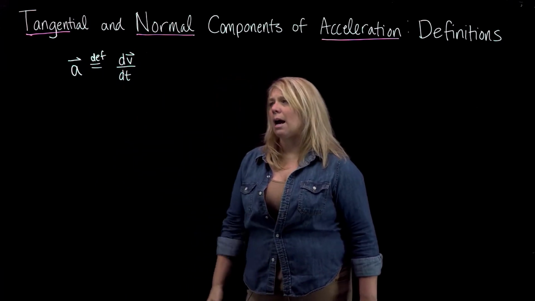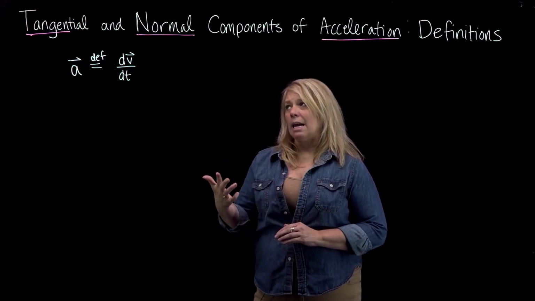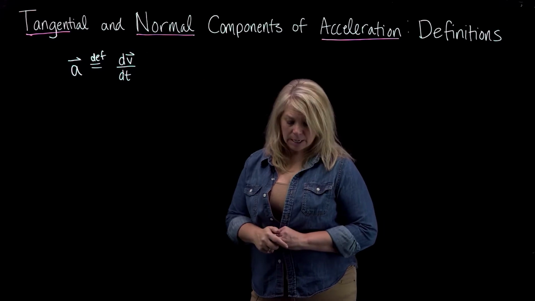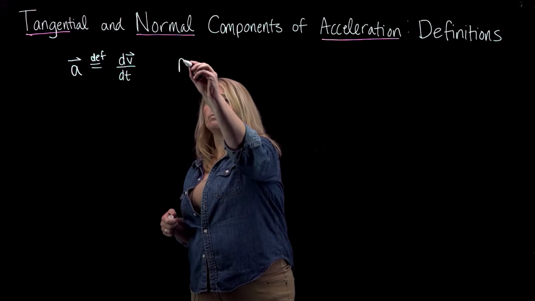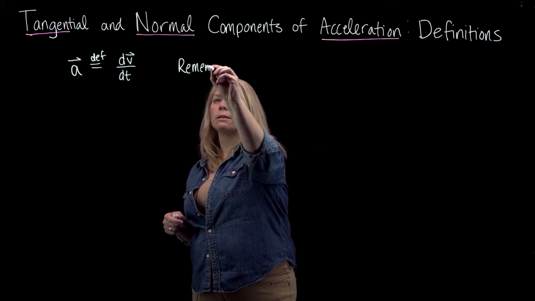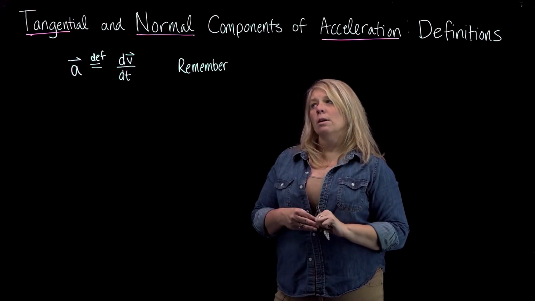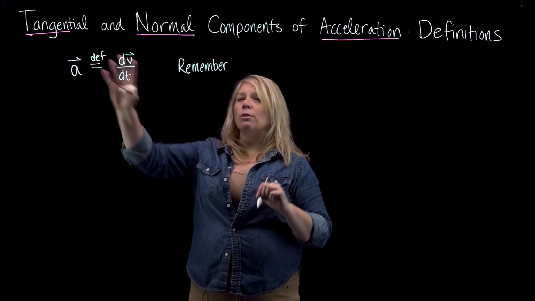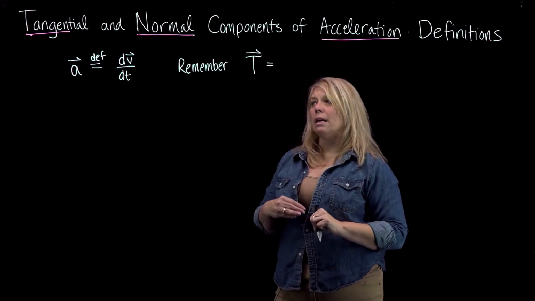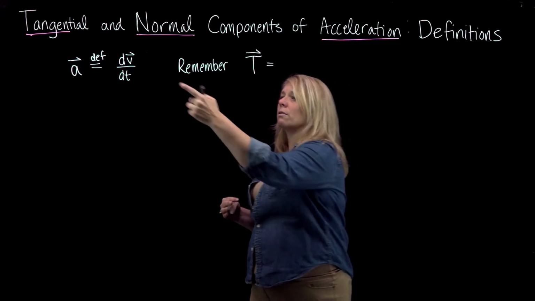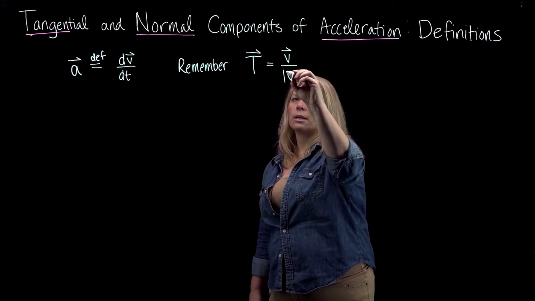So we're going to start by thinking about this velocity vector and how that relates to these vectors here. You might remember that for a smooth parameterization, so as long as r of t is a smooth parameterization, the unit tangent vector is given by the derivative of the position vector, or the velocity vector, divided by its magnitude. Right?